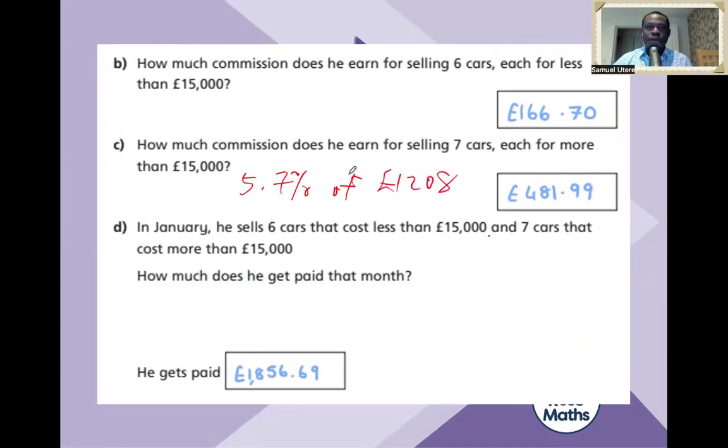All right. And then you multiply whatever you get by 7. Next, in January, he sells 6 cars that cost less than £15,000 and 7 cars that cost more than £15,000. So again, you simply add this amount and that amount, and that gives you your answer. Okay.